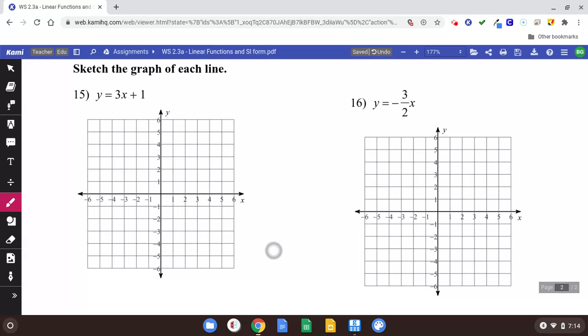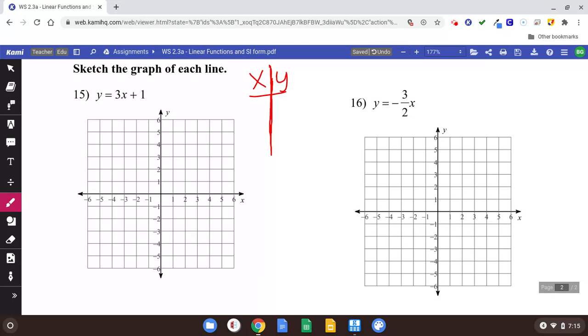Number 15, sketch the graph of the line. Okay, so there are a couple of different ways to do this. One way to graph is to make a table. And most people don't like making a table, but it's very useful sometimes. And basically, what you need to do is have at least 2 points. When we know this is a line, we know that we need at least 2 points.